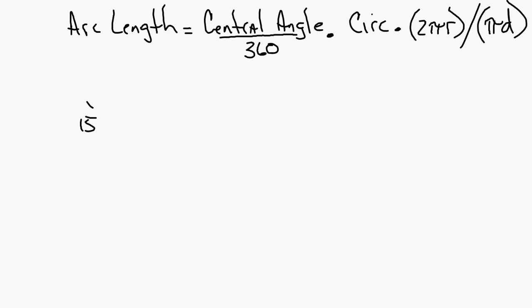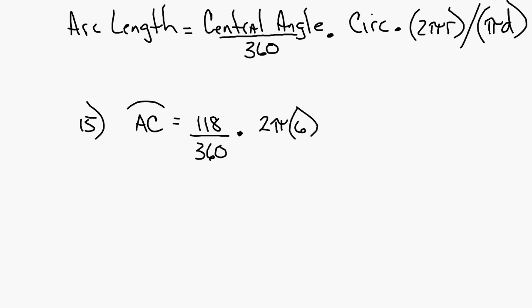You need the length of arc AC. So the length of arc AC is your central angle, 118, divided by 360, times, the radius is 6, so times 2 pi times 6. Okay? Now, this problem you can put straight in the calculator.